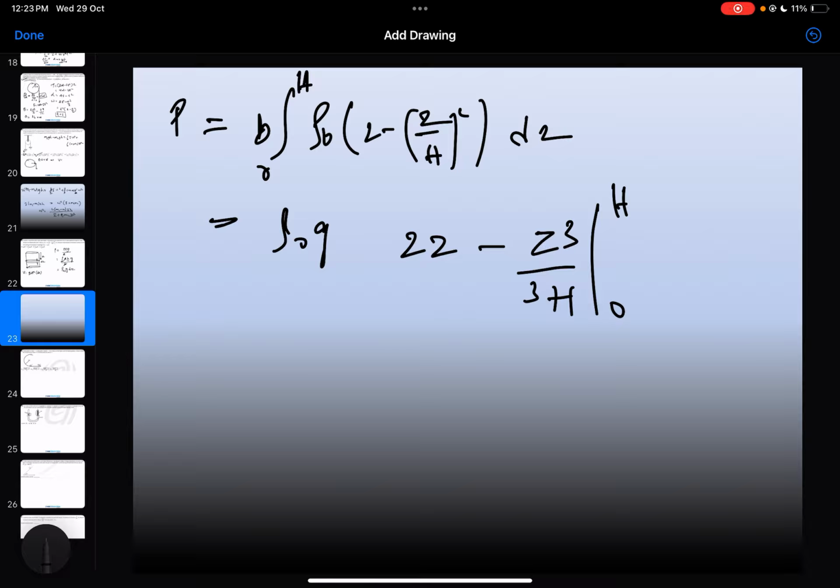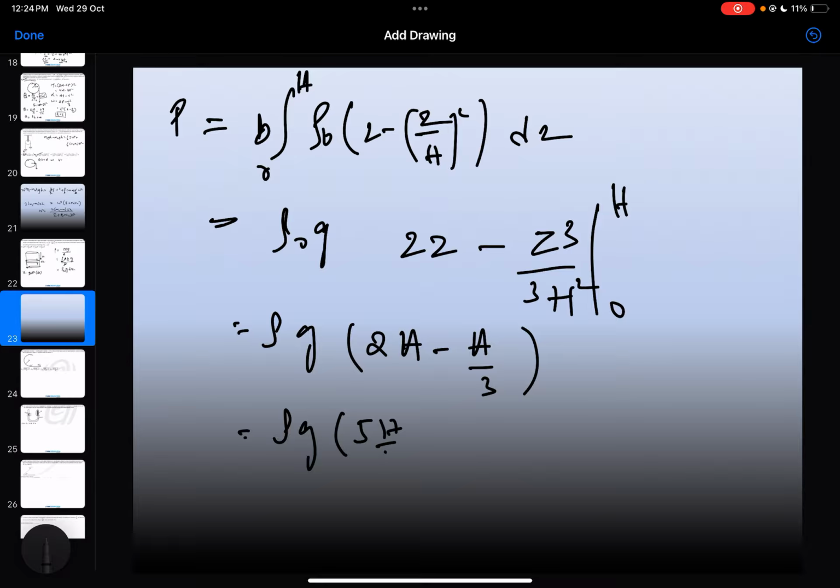And when you substitute capital H, rho g, this is 2h minus h plus h by 3, so 2h minus h by 3 is 5h by 3.